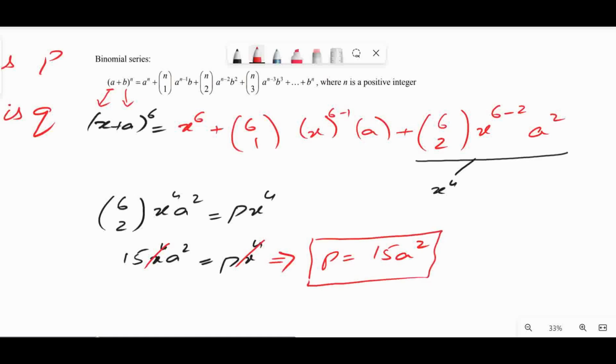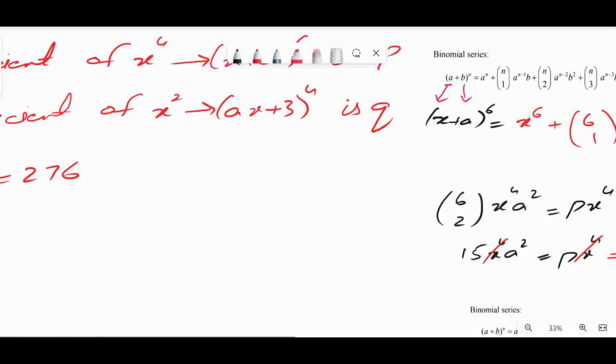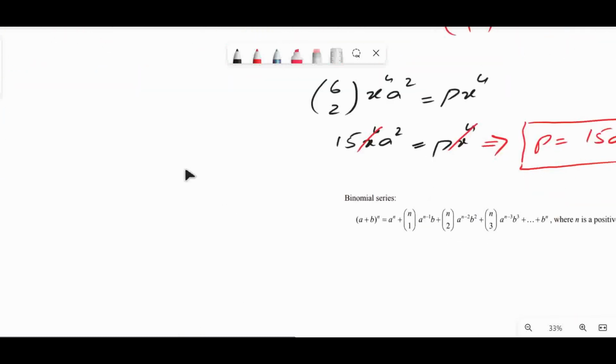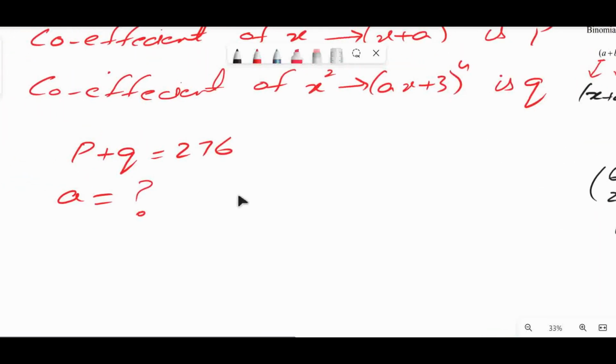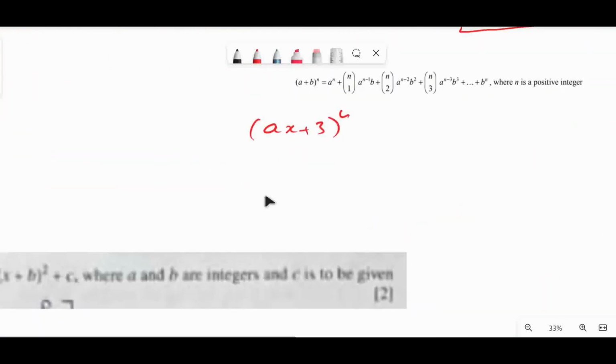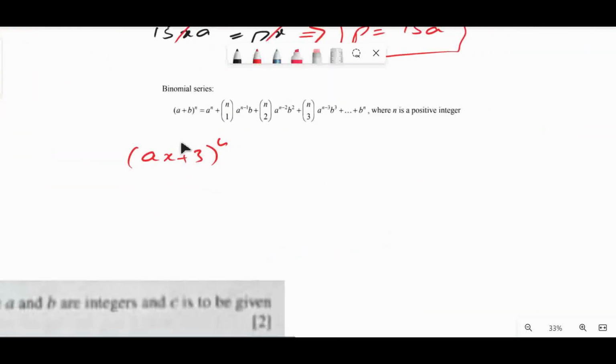Let's expand the other one. We have the expansion of (ax + 3) whole power 4. In the second portion we are interested in the coefficient of x^2, so let's expand this according to the binomial series formula. Here a will be ax and b will be 3.